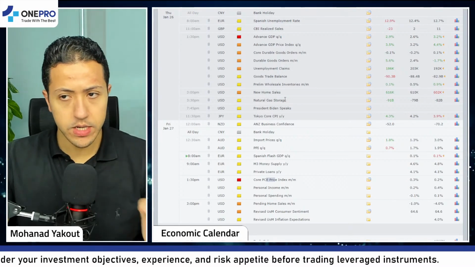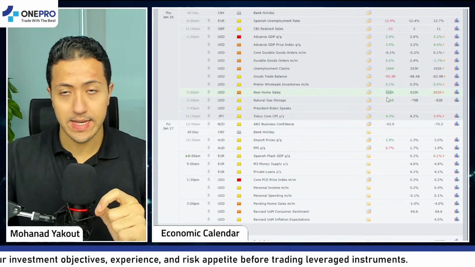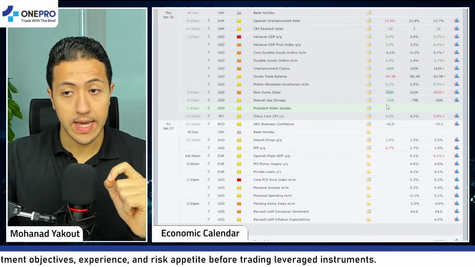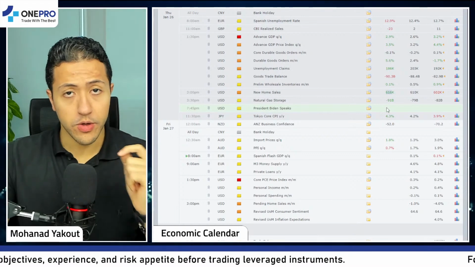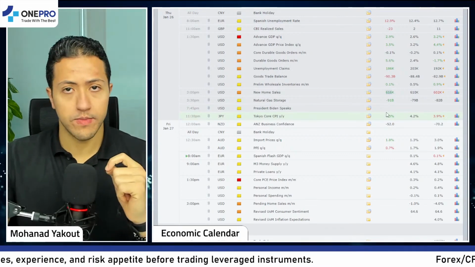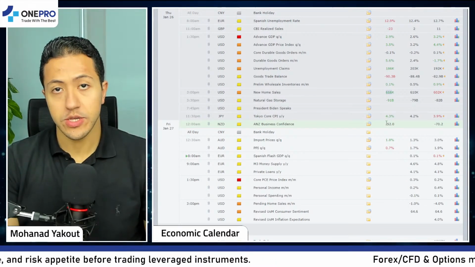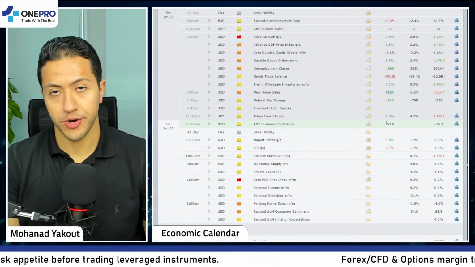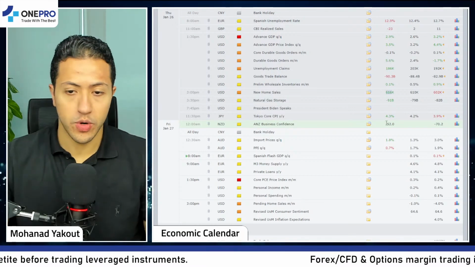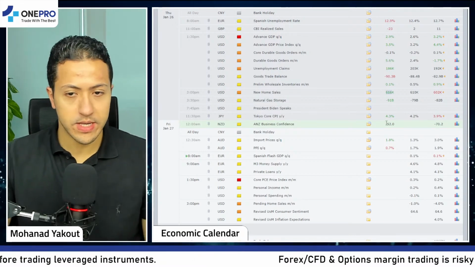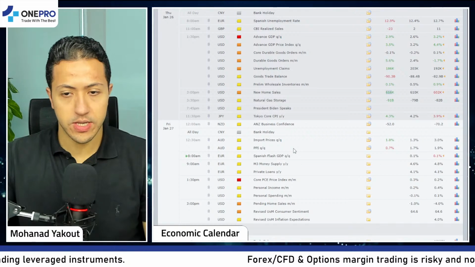It showed a slight increase to 616,000 new sales during the past month. So today we will be having the pending home sales. They are all indicators to gauge the strength of the housing market and the real estate market in the US economy. So that's quickly what we have on the economic agenda for today.